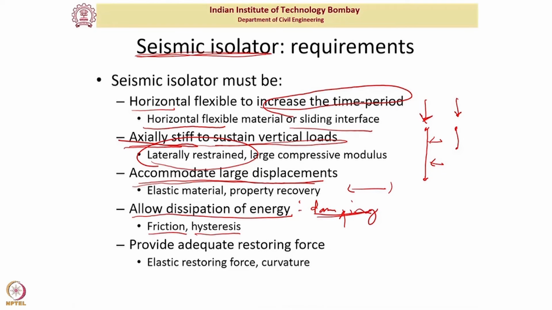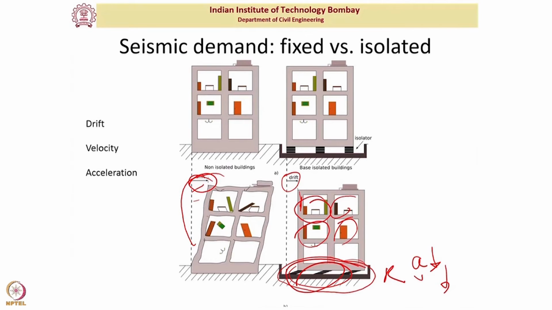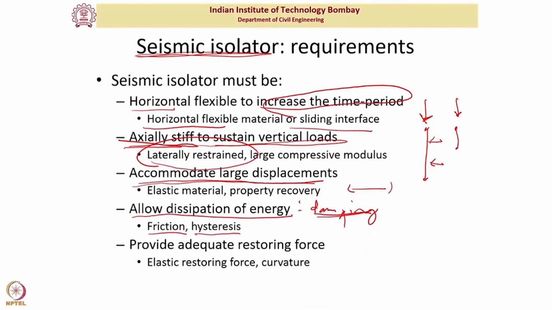Then at the end, what you don't want is that after the earthquake your structure remains in the displaced position, because then residual deformation would lead to serviceability issues. So you want your structure or the isolation layer to have adequate restoring force so that it can bring the structure back to its original position.